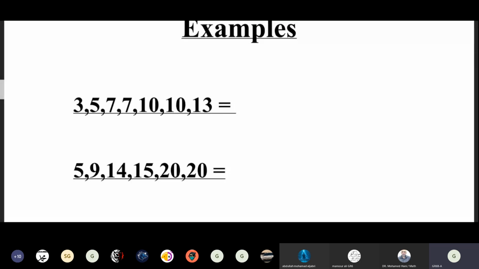Does anybody know the answer? Nobody knows the answer? Can I, Milad, solve it? The sum is 84.